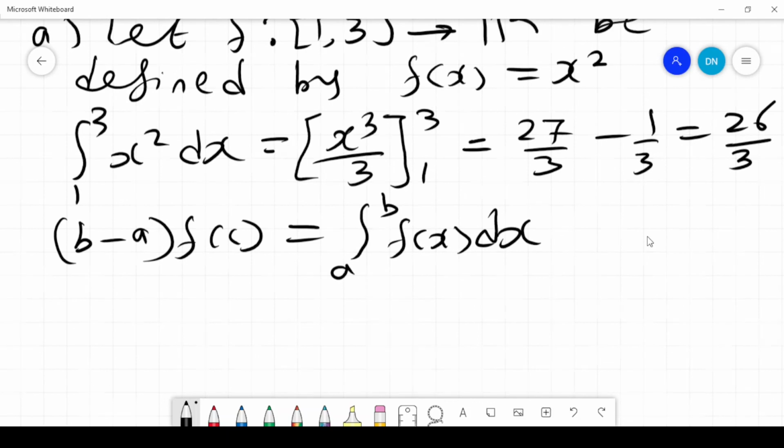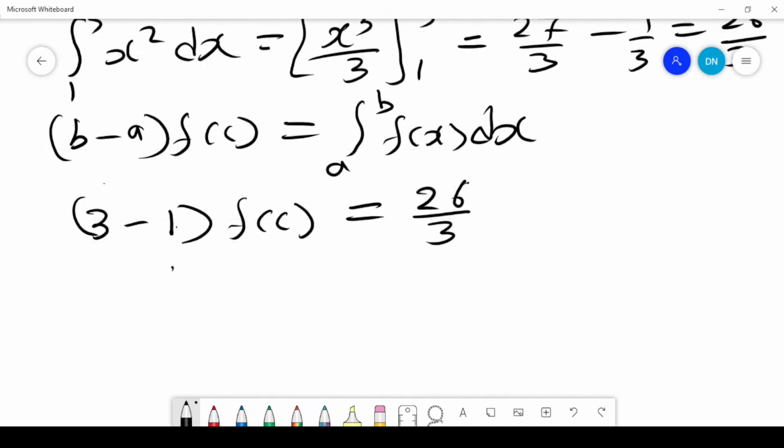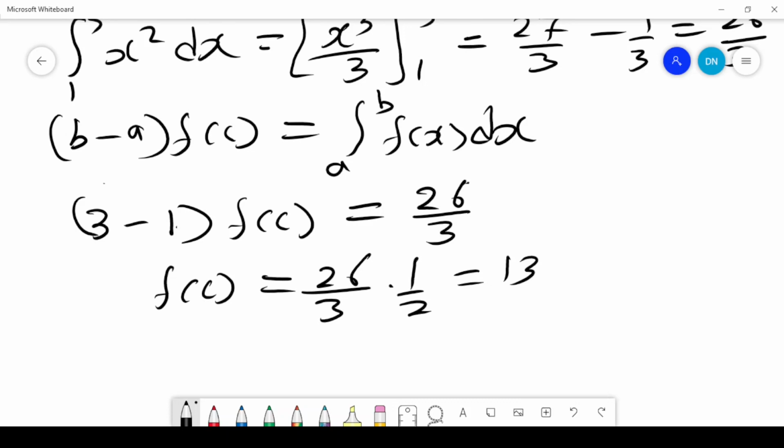And so based on that, because we have already gotten one part, we can say 3 minus a, times f of c is equal to 26 over 3. 3 minus 1, because the value of a is 1, so it is 3 minus 1 times f of c is equal to 26 over 3. That's how it should have appeared. So therefore f of c is equal to 26 over 3 times 1 over 2, which is 13 over 3.